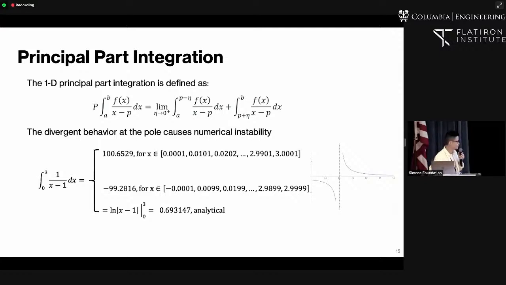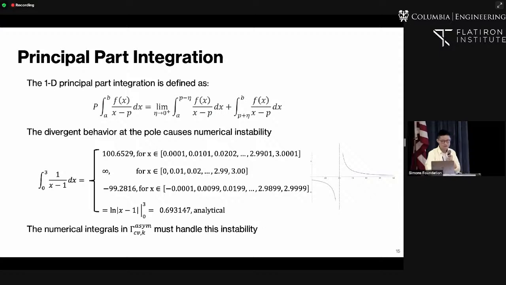Similarly, if you shift your grid to the right a little bit, you will get 100, which is also far away from the real answer, and with a different sign. And if you're unfortunate enough to choose a grid that happens to have a grid point that lies on the pole, you will get an infinity, which is really meaningless. So we have to find a way to deal with this technical difficulty if we want to really evaluate this carrier generation rate.